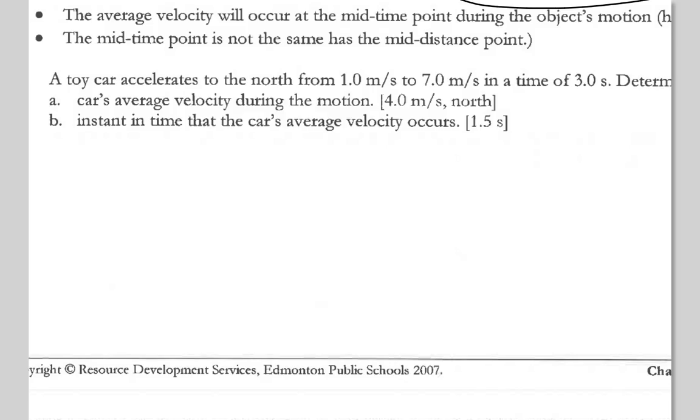Okay, a toy car is accelerating to the north. We have a Vi, we have a Vf in a time. Okay, we're using our formula above. I'll just jot down what I would use from my formula sheet. Vf plus Vi over 2 times T. This is on your formula sheet.